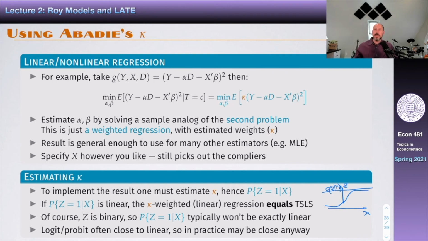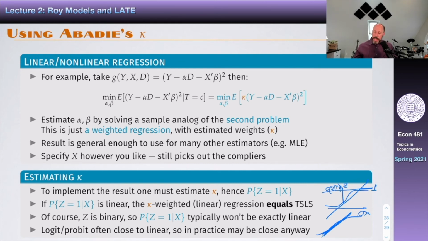So it has to be something that avoids crossing 0 and 1. So strictly speaking, it's not going to be linear. So you can think about logit, probit, or these types of models. However, in practice, all these models, except when you're at the tails, tend to be roughly linear in the middle, okay? And that's why logit, probit, and even linear probability models are used so often in practice.